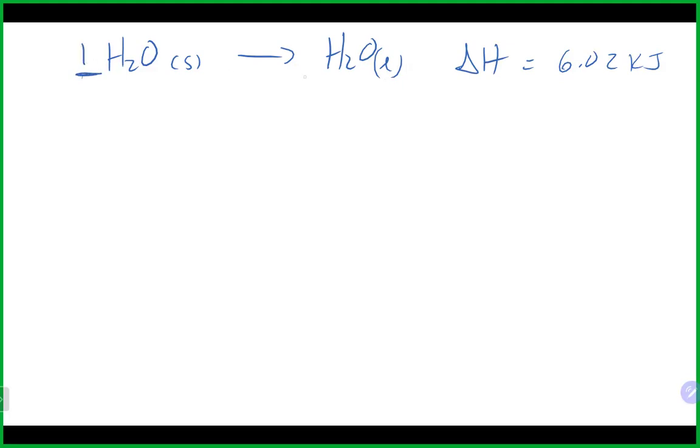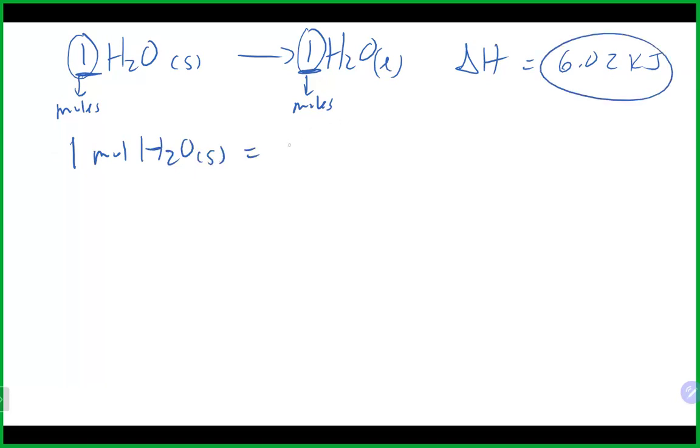The coefficient here is 1, and the coefficient here is 1. These coefficients, as I might have mentioned last time, do represent the moles of these species. So you could say, for every 1 mole of water in the solid state, I get out 6.02 kilojoules of energy, basically.